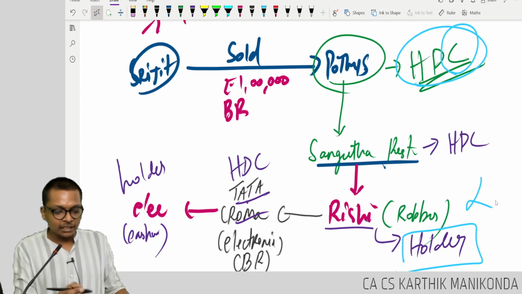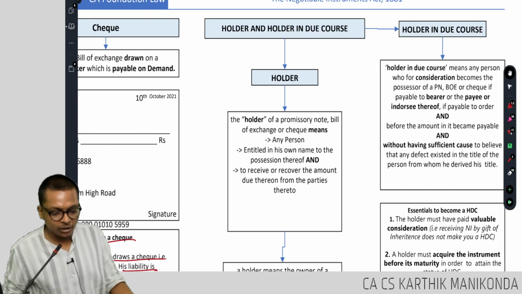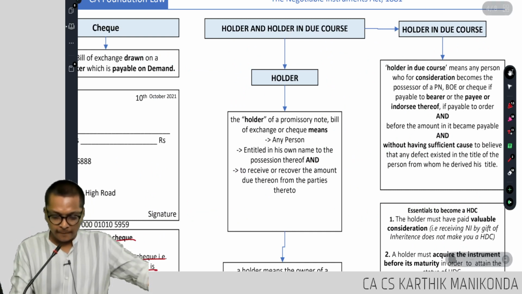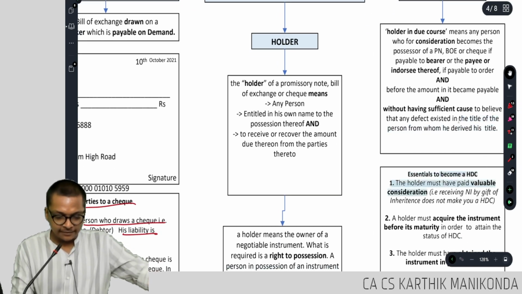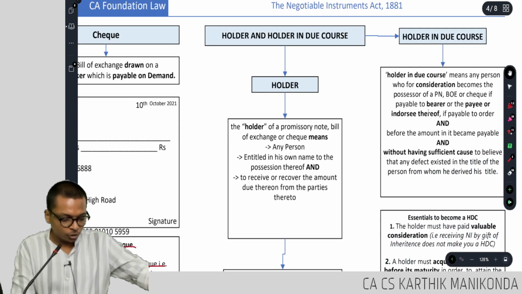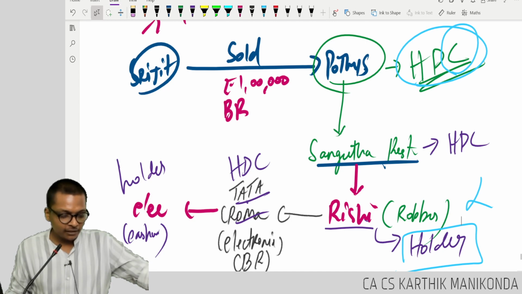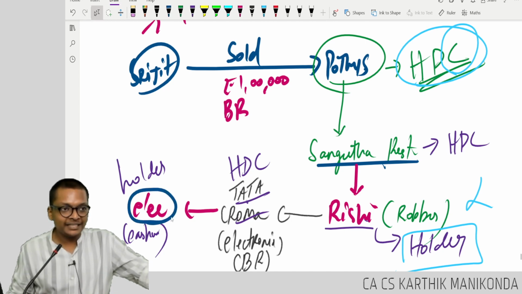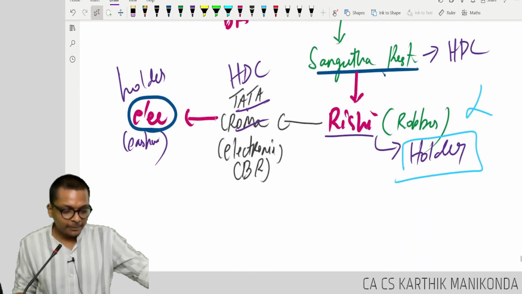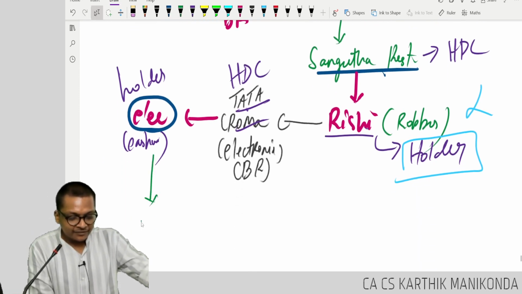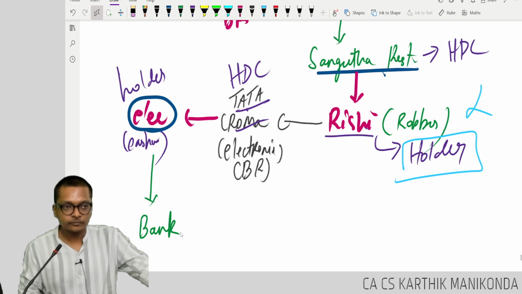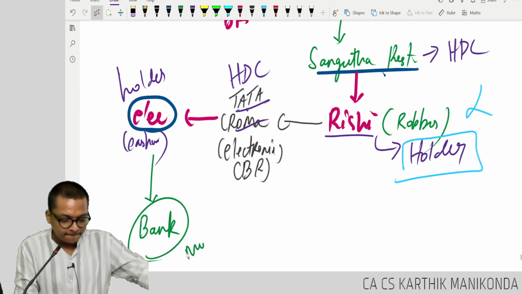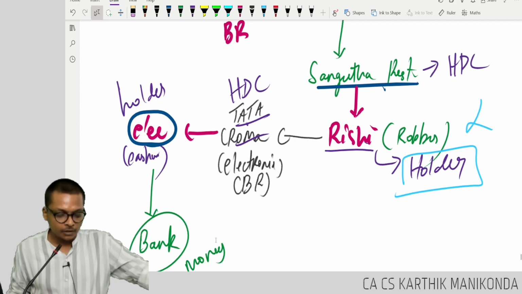Sir, then what are the advantages of holder in due course? Okay. Now, what they are saying, holder in due course, follow very carefully. Now, let's say this employee Ishwar gave this to the bank for getting the money.